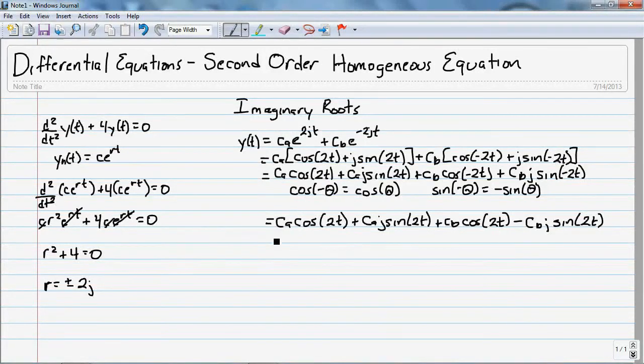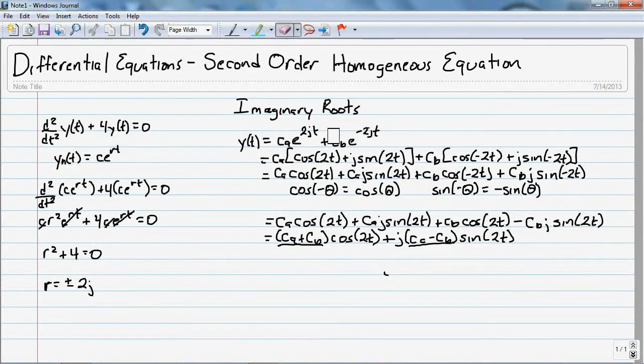And now we can collect terms. Now, CA plus CB is just a constant, and CA minus CB is a different constant.